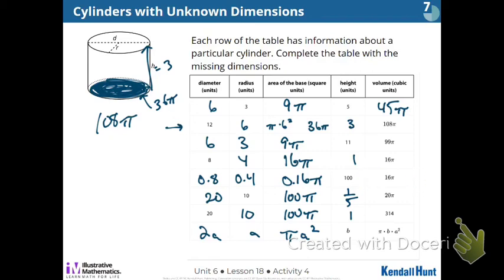Who's got another one they want to look at together? Yeah. Right. Which one? The 20s? Let's do this one. So this one, I went to the 20 here, okay? Are you good with the 100 pi for the area of the base? Now, I needed to multiply this by something to get to 20. And I know 20 is 1/5 of 100.